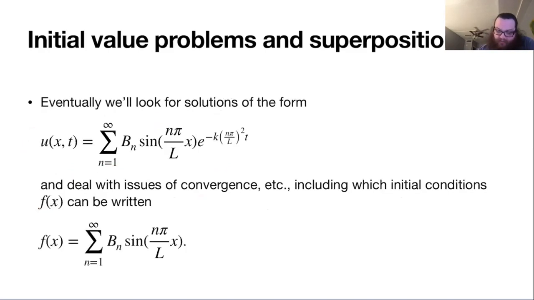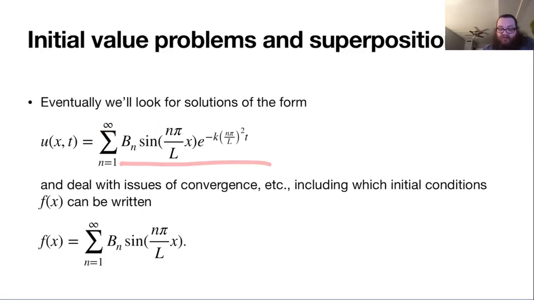Okay, but we're actually going to take it up a notch, and instead of just taking these finite linear combinations, we're going to be looking at infinite linear combinations. Because we're adding infinitely many of these terms, already the question of convergence should be popping up, right?